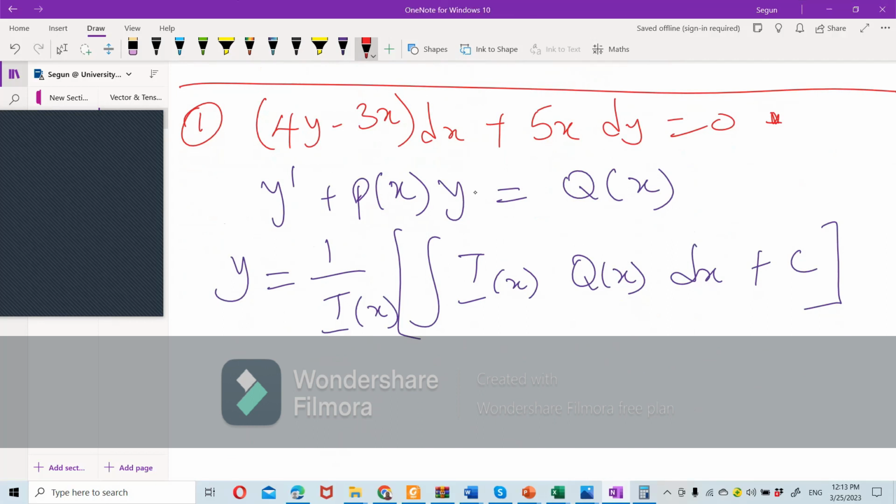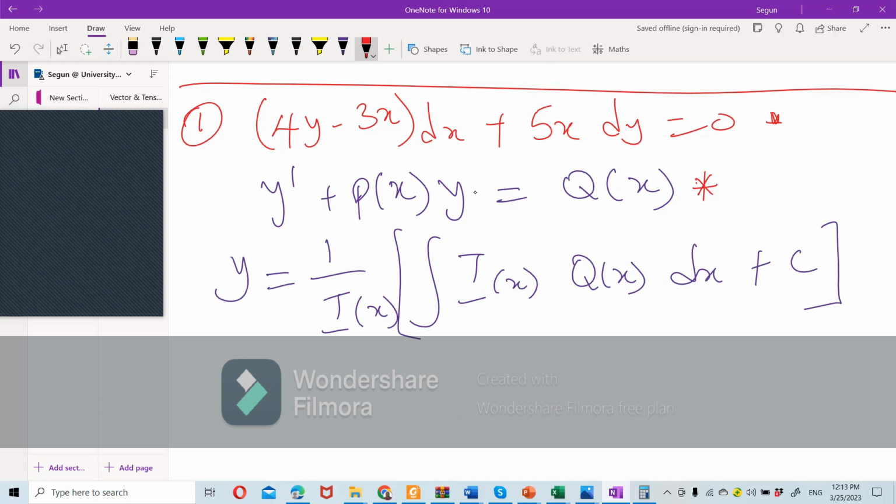Remember that everything you are doing, you must be able to come to this solution. You must be able to write y prime out. How do I get y prime out? When I have (4y - 3x) dx, and I know y prime, you can only get y prime when you have dy/dx.